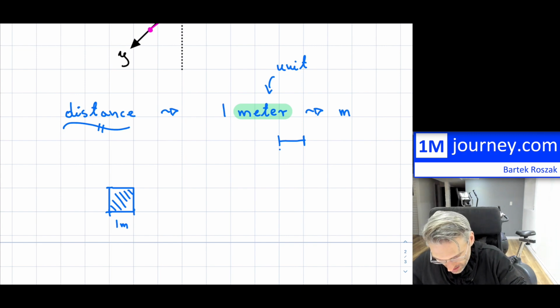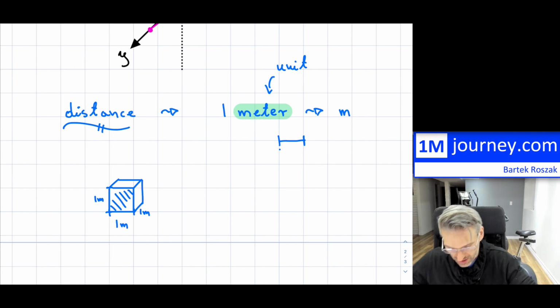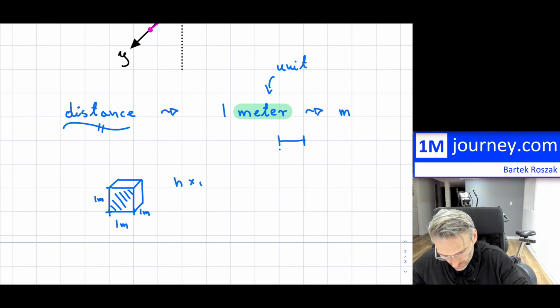And now, of course, we can make this 3-dimensional, so now we have to extend this to the back. And all of these little squares are actually the same, right? So you would have 1 meter in this way, and then you would have also 1 meter in its height. So now all of a sudden you have your height, you have your width.